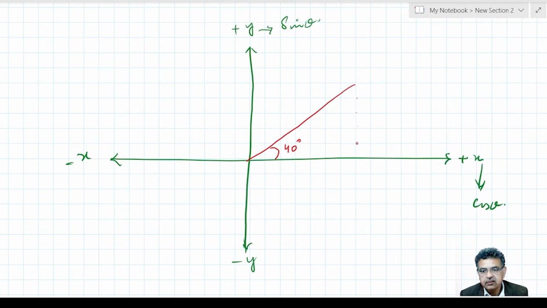At the same height on this side, let's say the same reference angle or basic angle of 40 degrees is on this side, then this positive angle till here will be 180 minus 40, that is 140 degrees.